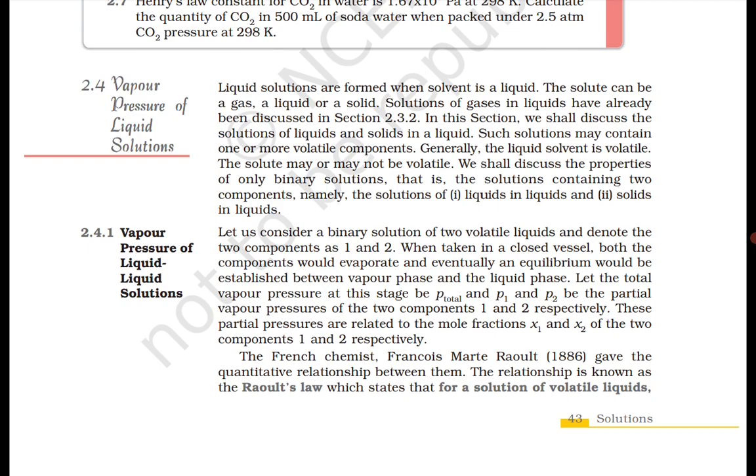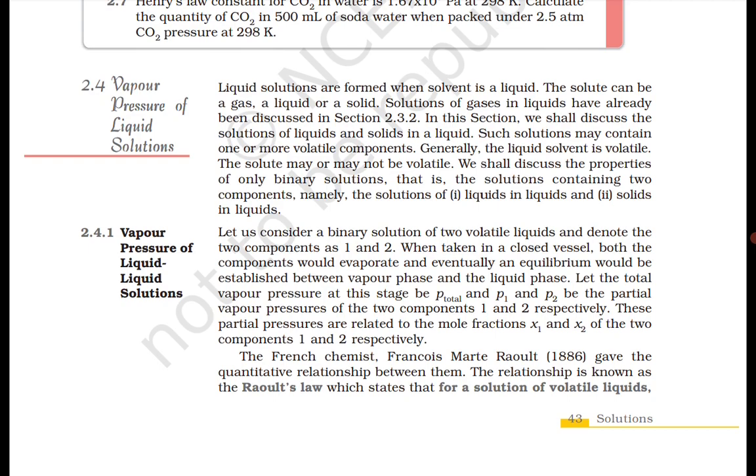Vapor pressure of liquid-liquid solutions. Let us consider a binary solution of two volatile liquids and denote the two components as 1 and 2. When taken in a closed vessel, both the components would evaporate and eventually an equilibrium would be established between the vapor phase and the liquid phase.